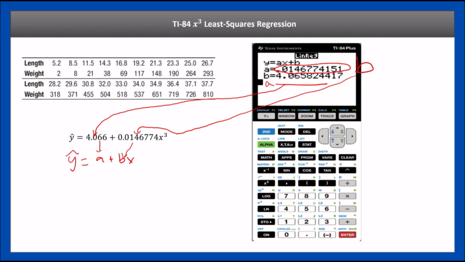And the reason why we do that, by the way, is because when you do a regression for higher order powers, we do a plus bx plus cx squared plus dx cubed plus ex to the fourth, and so on. So if you go to multi regression, for higher orders, that's how we do it. We go in an ascending order of powers of x. So that's why we do the AB method like that. It's not arbitrary. All right, but there you go. That's how you figure out the least squares regression coefficients.